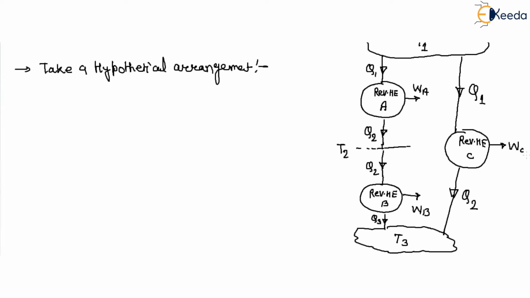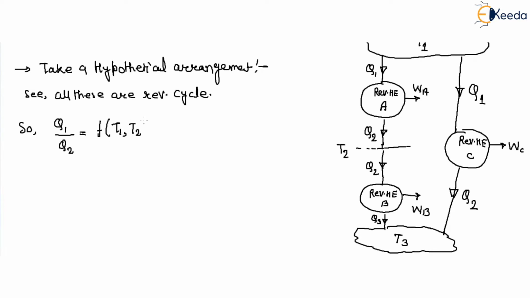All these are reversible cycles. So for heat engine A, Q1 by Q2 is a function of T1 and T2.